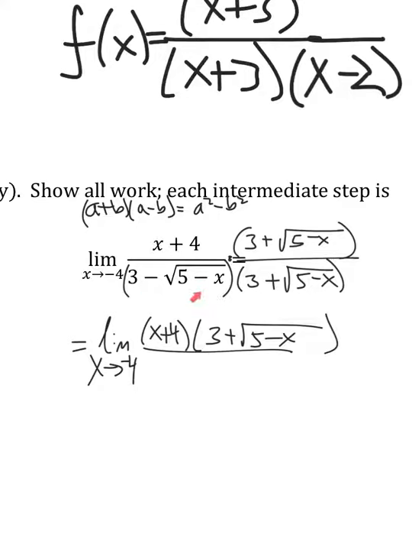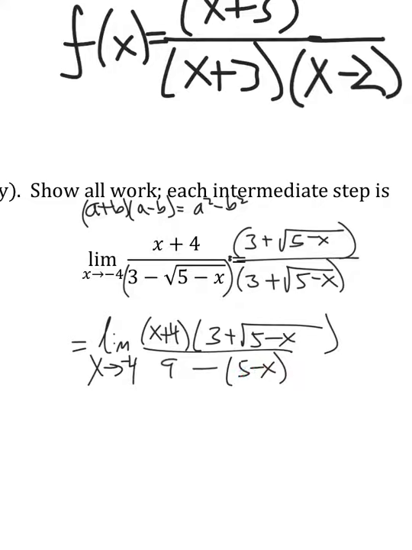And so here's a minus b, here's a plus b. So when we multiply this out, we're going to get the first thing squared. 3 squared is 9 minus the second thing squared. What's the second thing? Well, it's the square root of 5 minus x. And when you square that, you get 5 minus x. The square root goes away. Those parentheses are real important. So if you make a mistake, it'll probably be with these parentheses because this negative is going to get distributed.